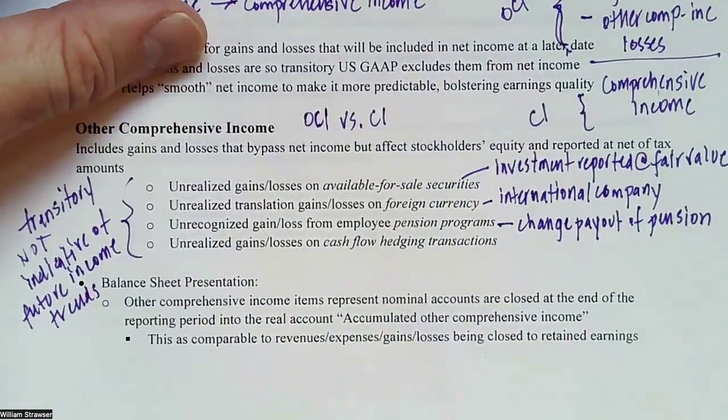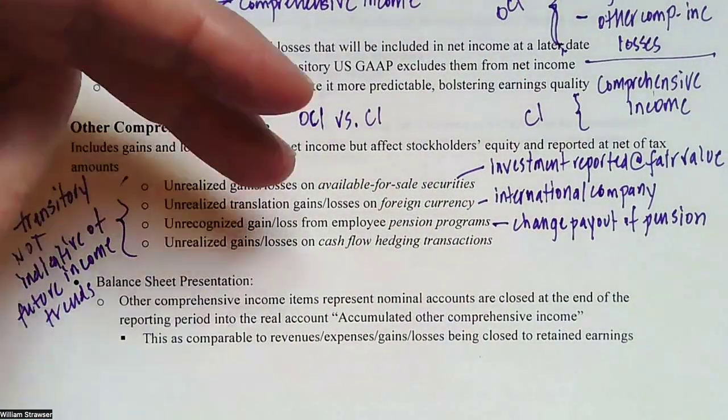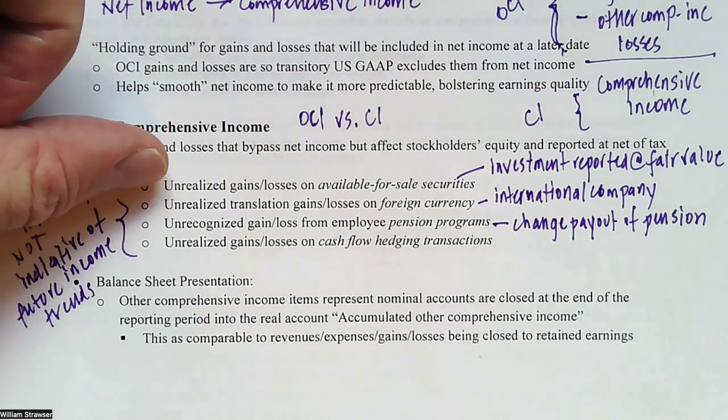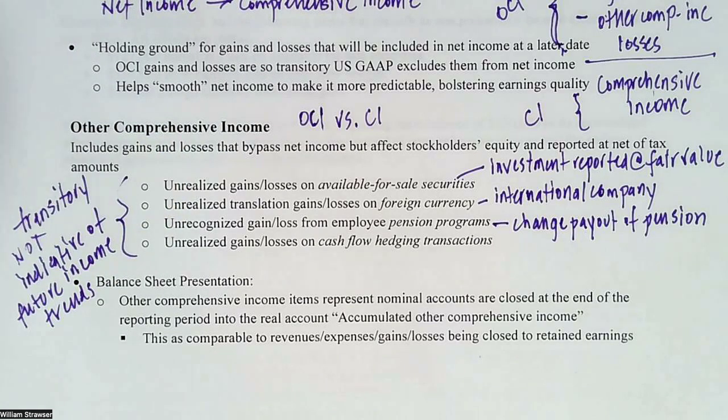Also, most of these tend to be outside the control of management, right? These gains and losses tend to arise from changes in interest rates, the ones on available for sale securities. Unrealized translation gains and losses could also be economic effects, macroeconomic effects of the countries, it could be interest rates as well.